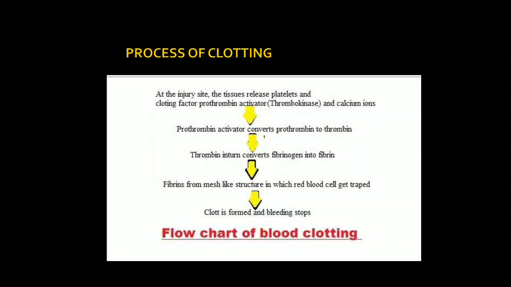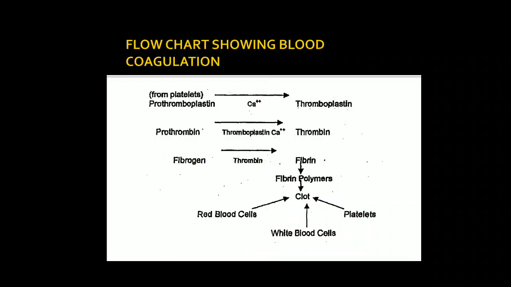Let's see one more flow chart. See like this. Now what has happened? Prothromboplastin in the presence of calcium ions changes into thromboplastin. This will occur at the site of injury, and this will be released from platelets.